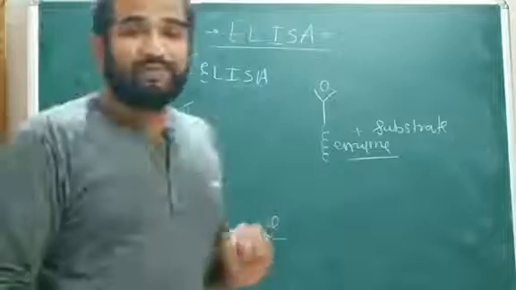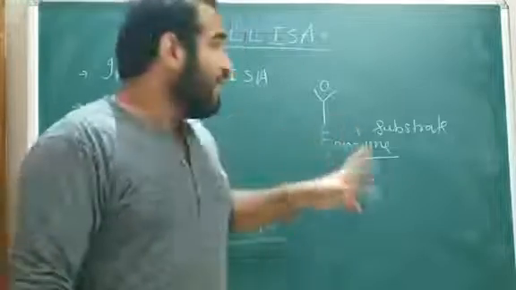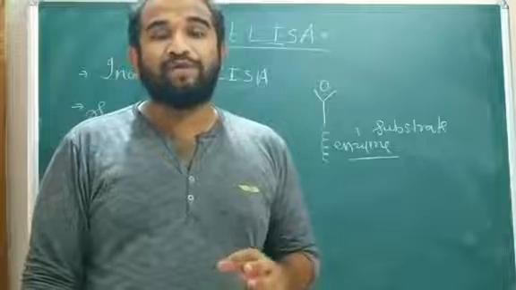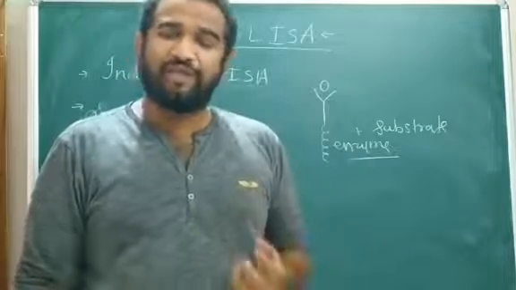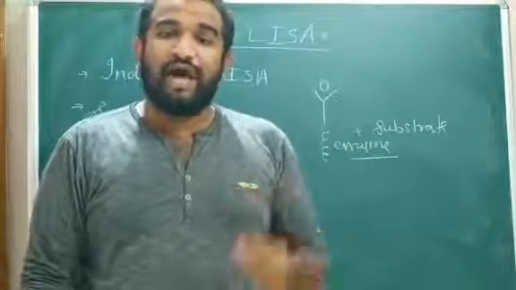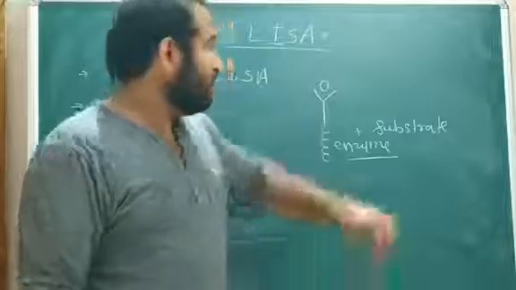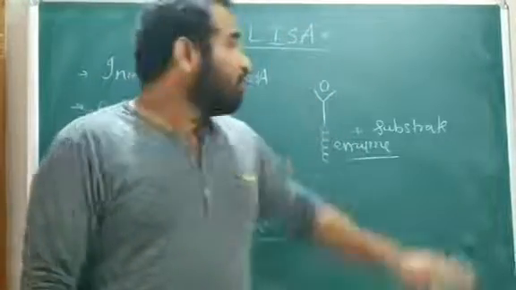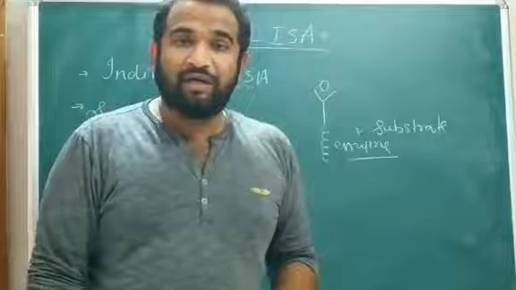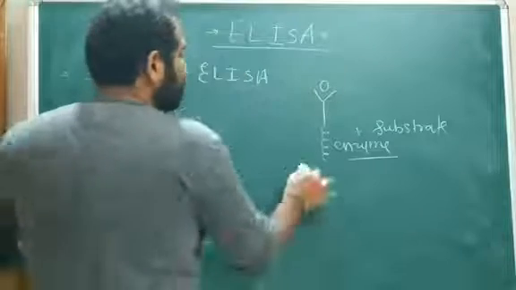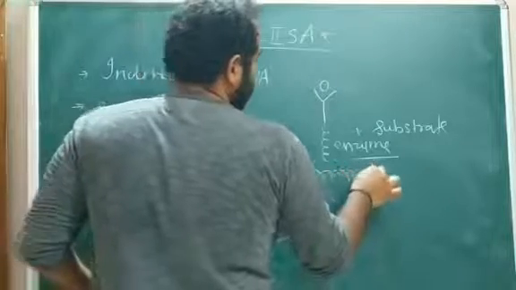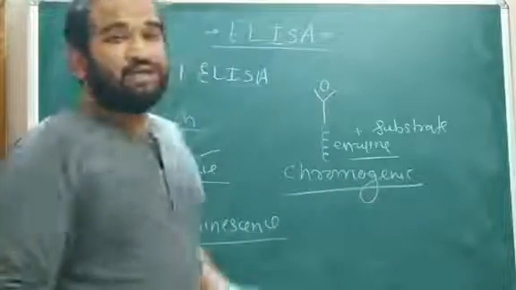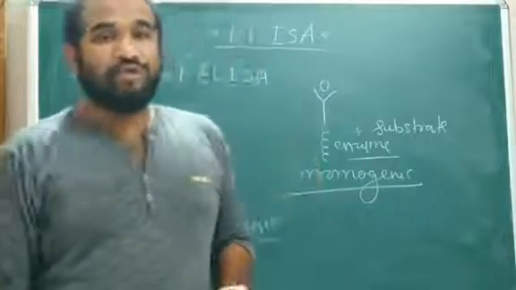When this substrate reacts with its enzyme, the enzyme substrate complex is going to give a color change. A specific color is going to form, and that is going to indicate whether the antigen antibody complex has formed or not. So this substrate, as it gives color, is called a chromogenic substrate.